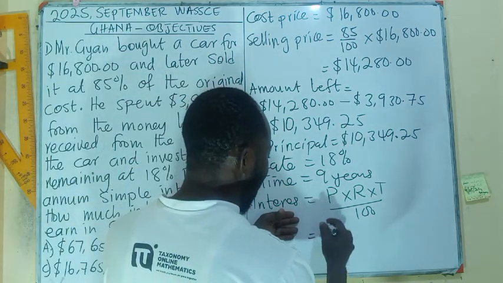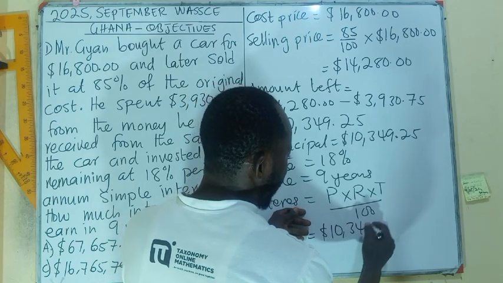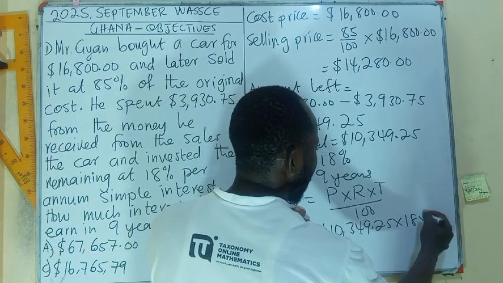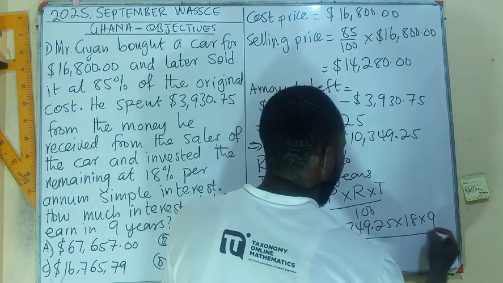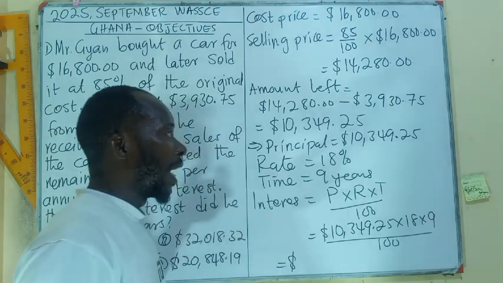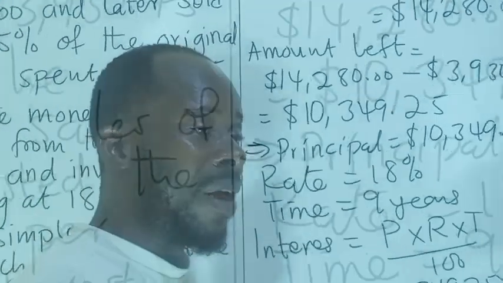So this means that as you have principal 10,349.25, the rate 18, times 9, divided by 100. I'll just put all this in the calculator and find the final result.